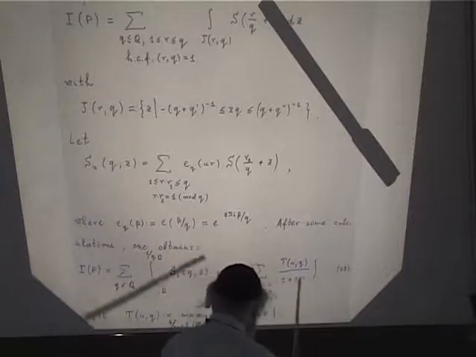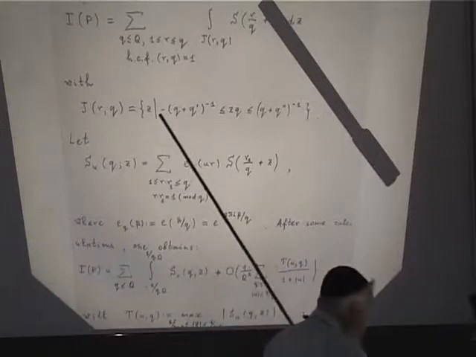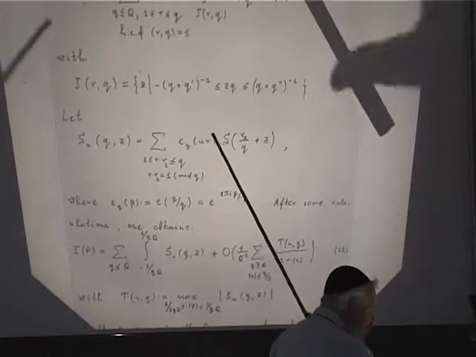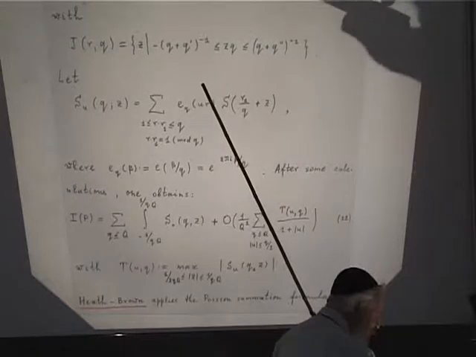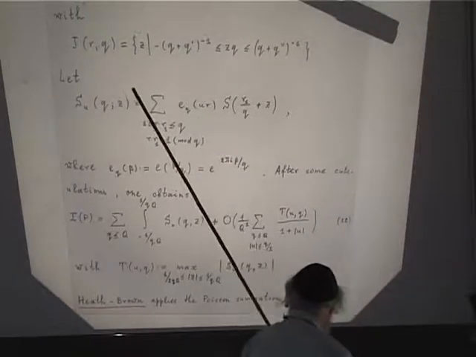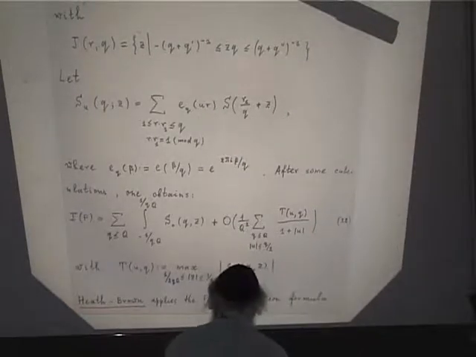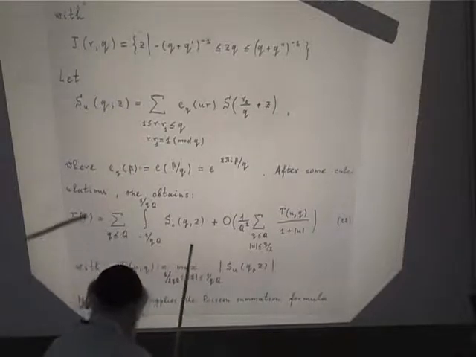So after some calculations, one obtains the following formula. When I say after some calculations, it doesn't mean that I offer you this calculation as an exercise, because that's part of the method, but I can't go into details.